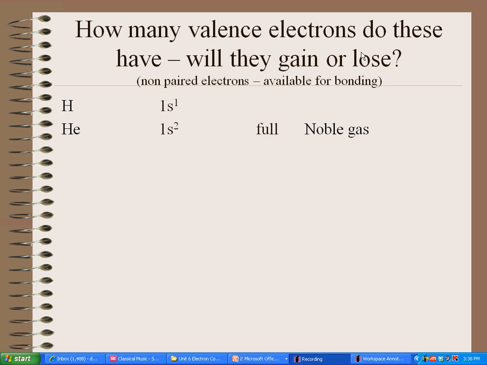Okay. So if you look at hydrogen, and I'm filling in the last page of my notes. Hydrogen, there it is, helium, 1s2. It has a full outer level because that's all it can take. It's a noble gas.